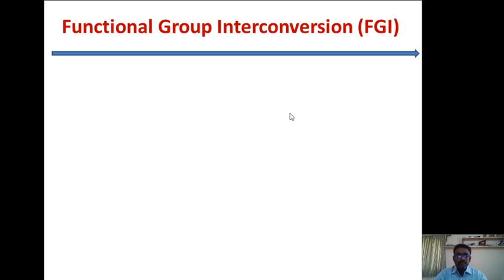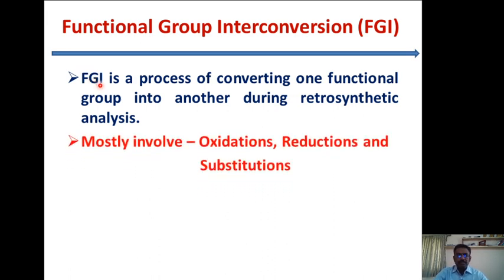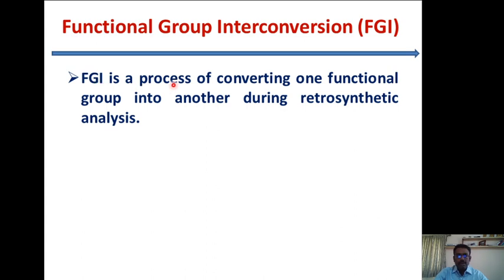Today we will learn about functional group interconversion. First, what is functional group interconversion? Functional group interconversion is a process of converting one functional group into another during retrosynthetic analysis.